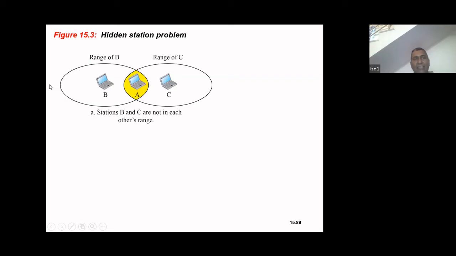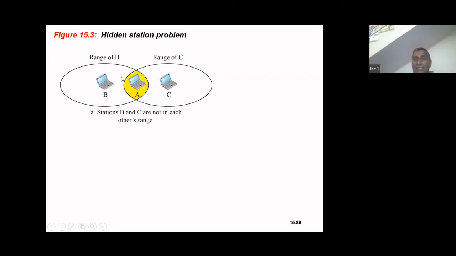After this, the signal starts fading, so it becomes meaningless. And C, the signal can be sent in this direction till this oval area that I have shown, and maximum it can reach in this direction, right?